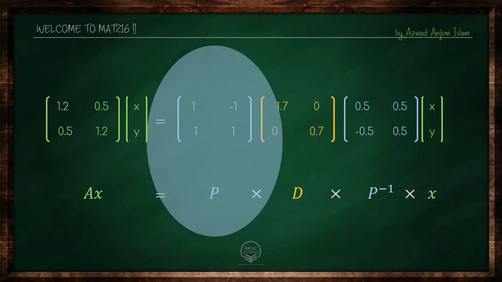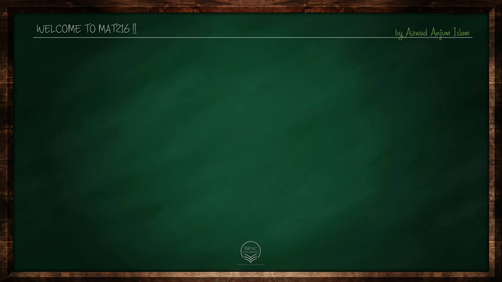So this is the neat trick of diagonalization. We change to a convenient system for our own convenience, and then we do the transformation, but this time it is just a diagonal matrix, so it is a lot easier. And when we are done, we change back everything that was changed.